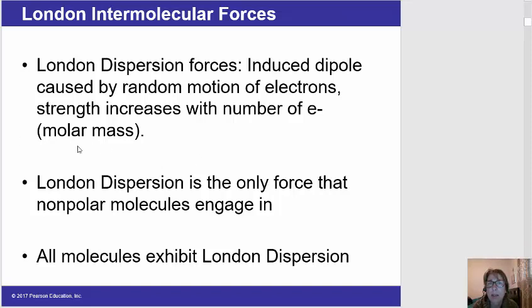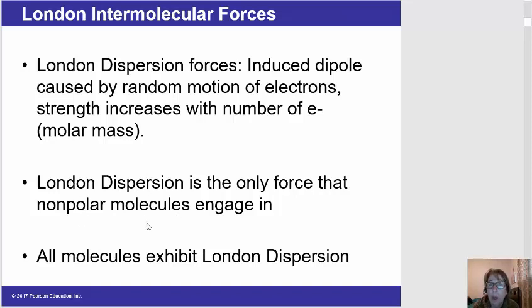So an easy way to determine how many electrons something has without actually counting them is looking at the molar mass. So when molar masses are similar, we assume that there are a similar number of electrons. So often when we compare physical properties like boiling point, we want to make sure that the molar masses of those compounds are the same to make sure that the London dispersion forces are about the same.